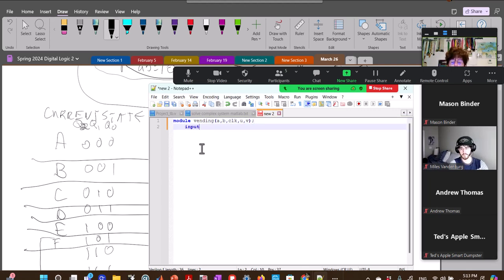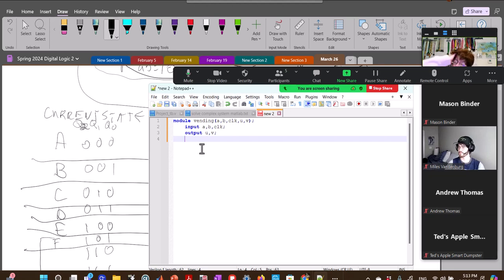Our inputs are A, B, clock. Our outputs are U, V.